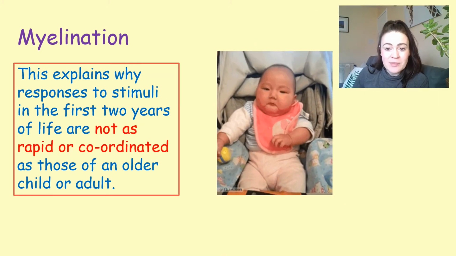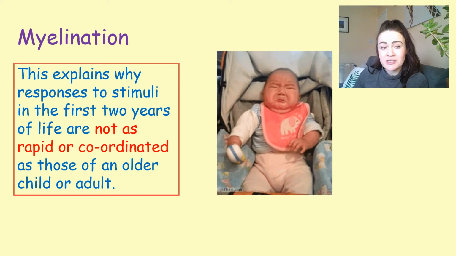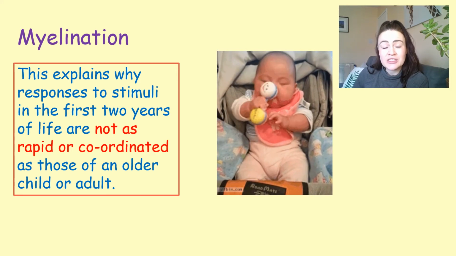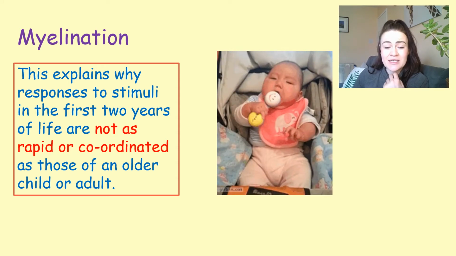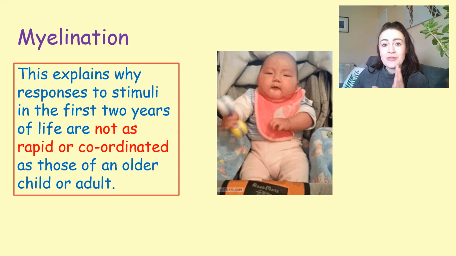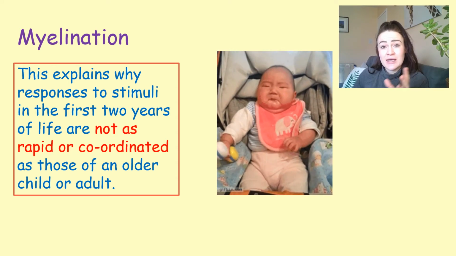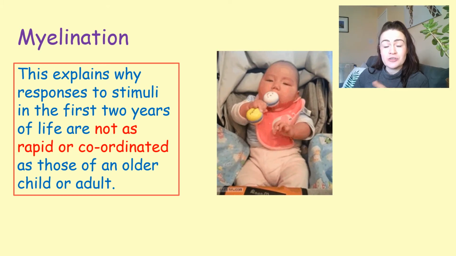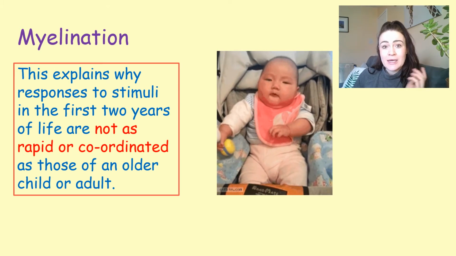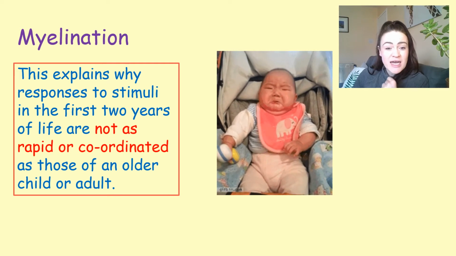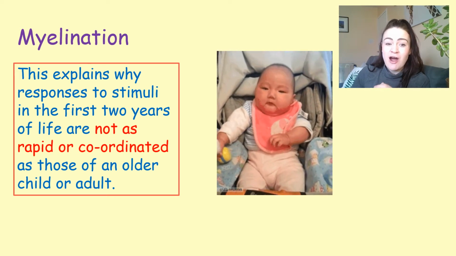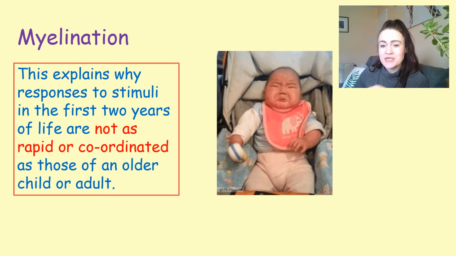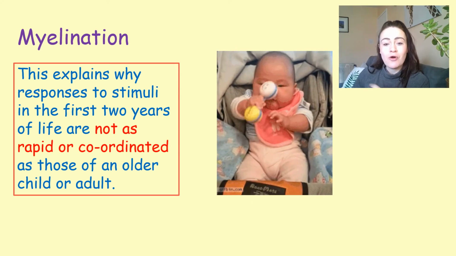Now, just as a side note, myelination starts in the fetus but doesn't really finish till adolescence, and remember that the whole point of the myelin sheath is it allows for fast conduction, and therefore fast reactions, because your impulse will travel faster. This actually explains why babies and toddlers are not really as coordinated or can't react as fast as older people.